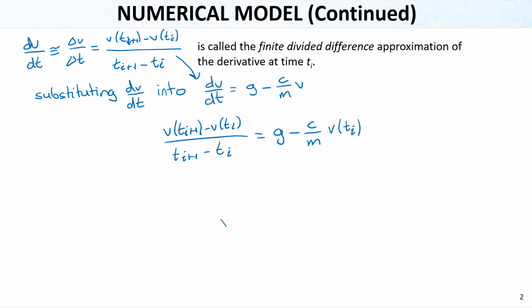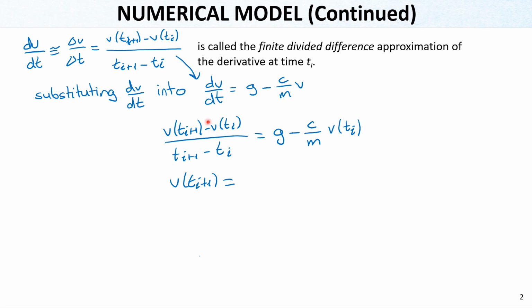And if we isolate v of ti plus 1, because we don't know that, but we assume that we know the initial velocity. If we start from 0, we know the velocity at 0 because it's 0. Then we find this, then we can easily increase the time and find the other values. So we isolate v of ti plus 1 as follows.